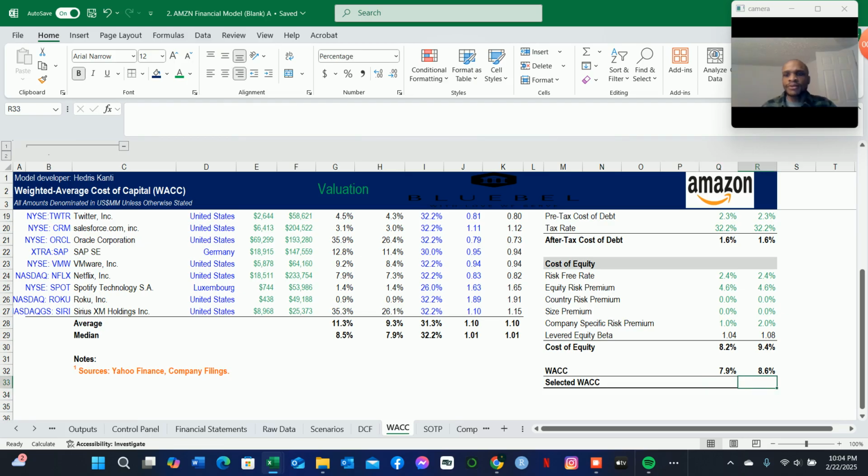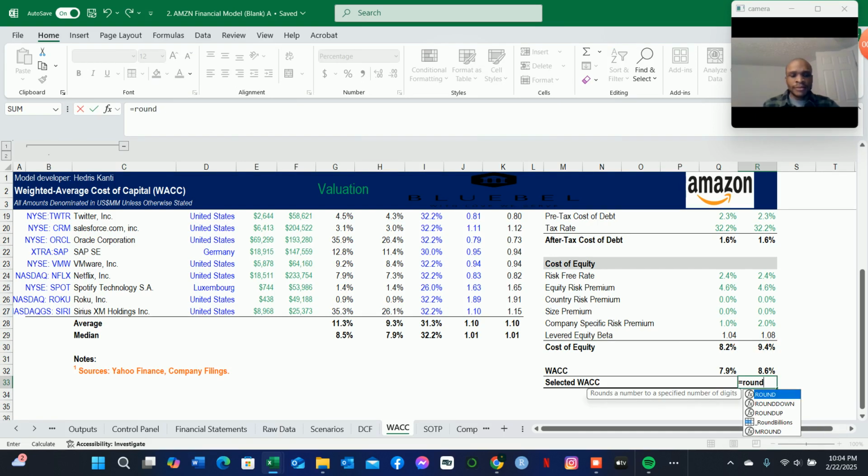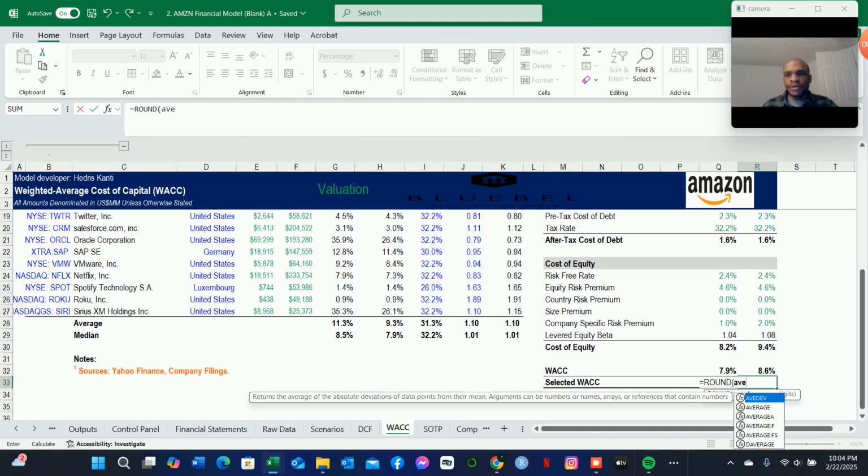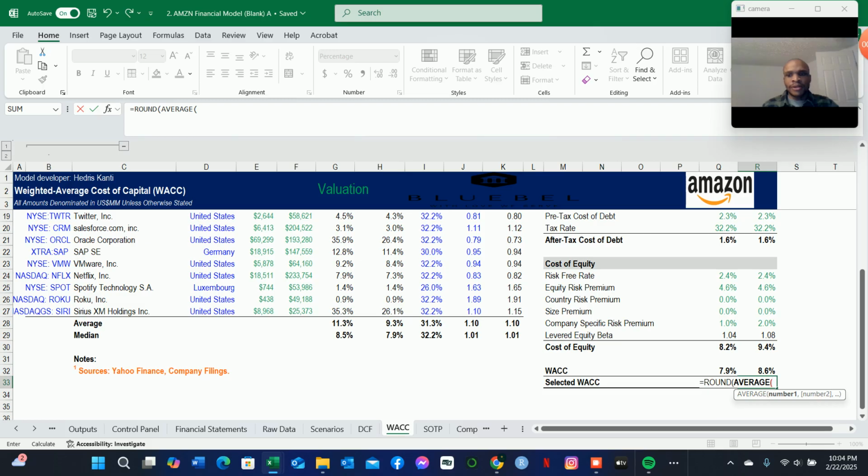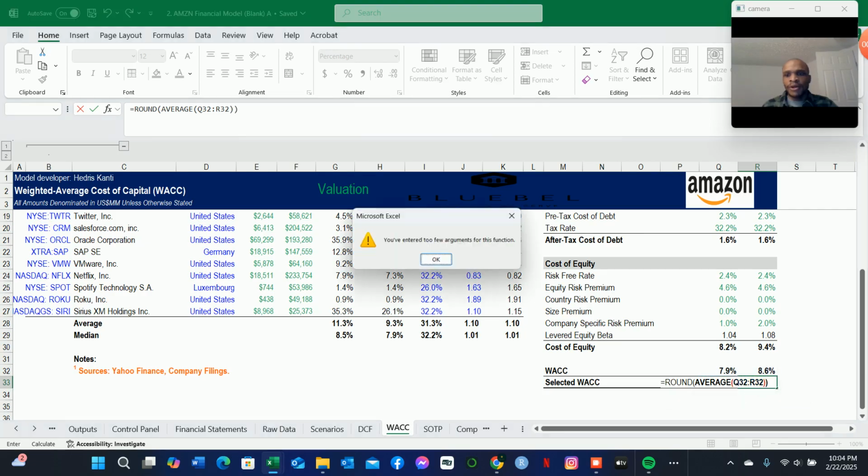So now, to determine the selected WACC, we just have to round this, so we go equal round. We round that, and then we take the average of the low and the high. Close that 2 times.